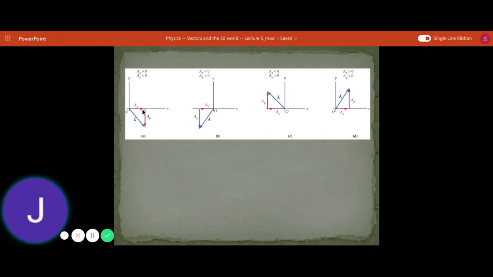This is where x is positive, but y is negative. You have to know y is negative, so when you do vector addition, it'll be subtraction. So whatever quadrant you're in, it'll determine if the components are positive or negative. We talked about this in class.